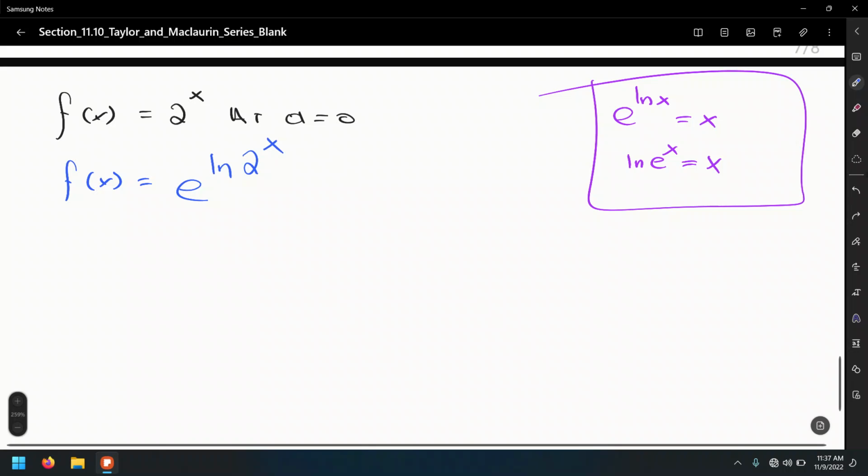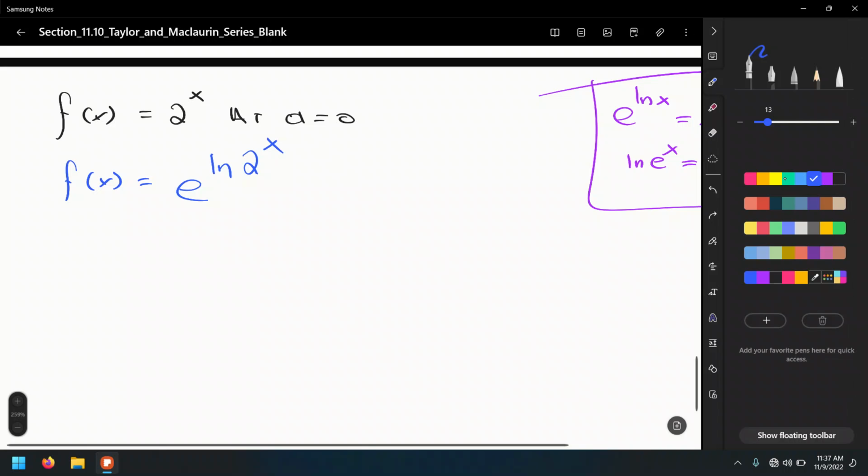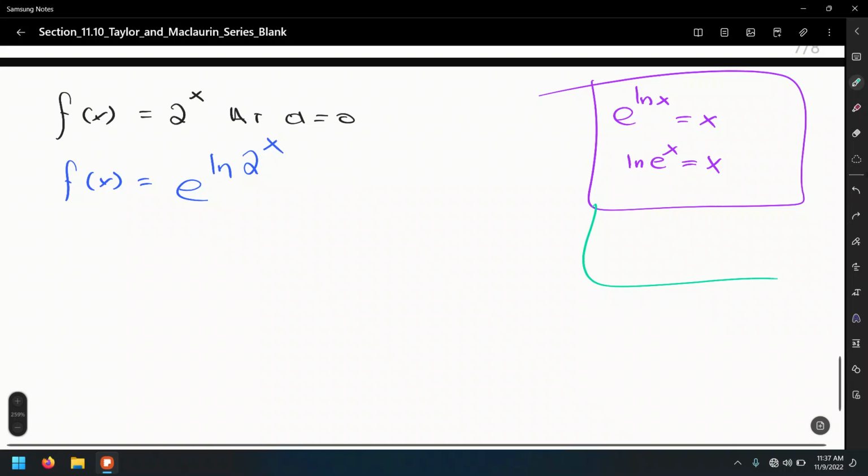Then from here, I'm going to use another property from precalculus. Whenever we have an ln of a to the n, that's n ln of a. In other words, the power becomes a coefficient, which is what we're going to do in the exponent of this e function here. Make that a coefficient.